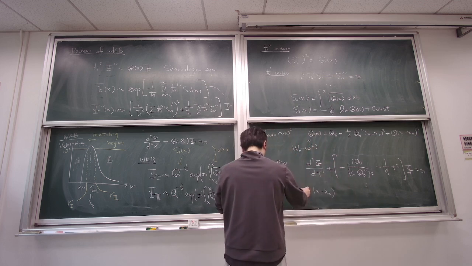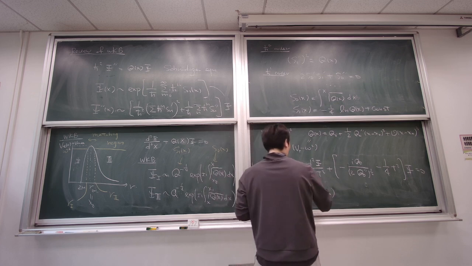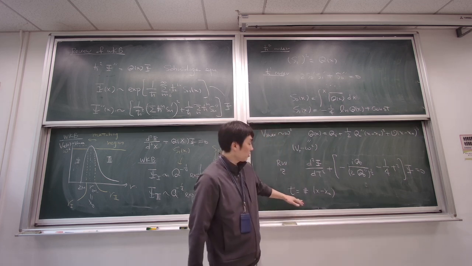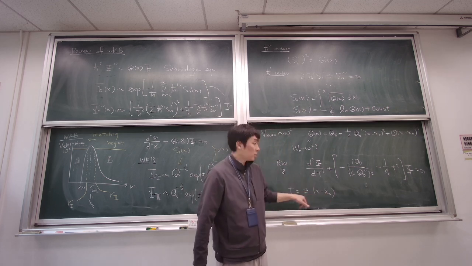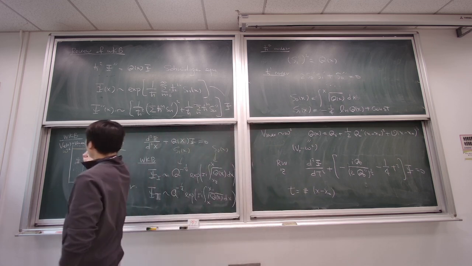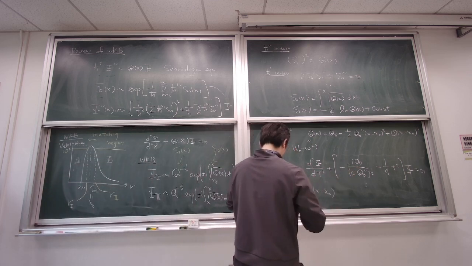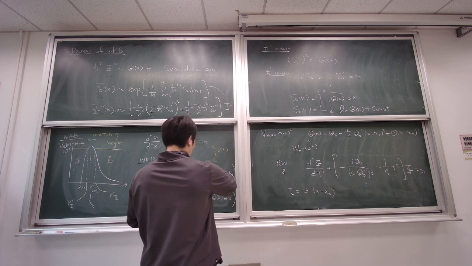This part is not so important; it's just some constant times x minus x0. So x minus x0 is the variable in this region, with some constant.